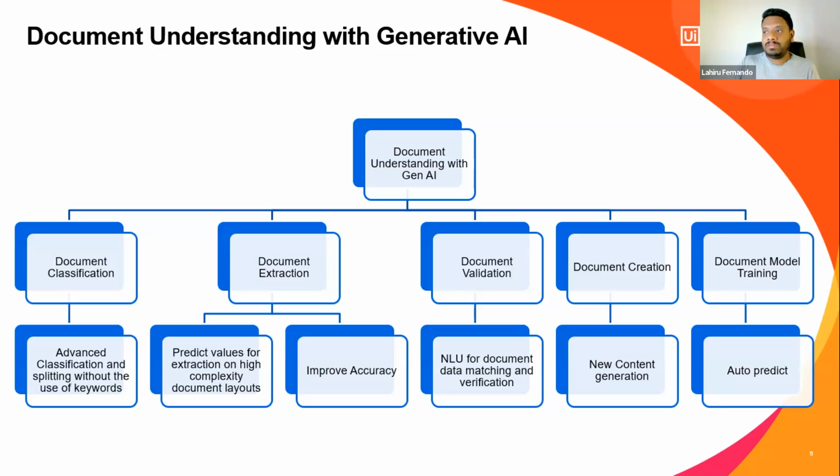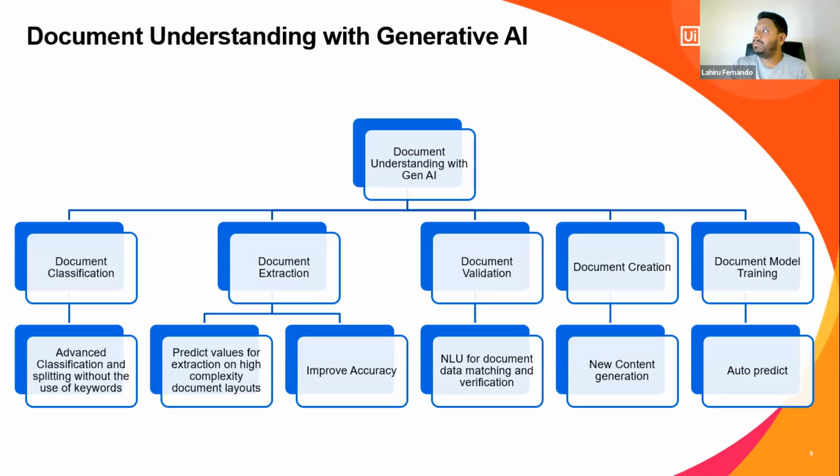So your validation process has improved quite a lot just by introducing Gen AI for your validation. These are areas where we can improve within document understanding itself by introducing Gen AI.